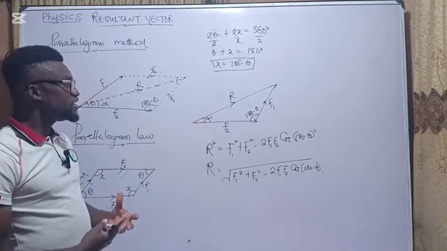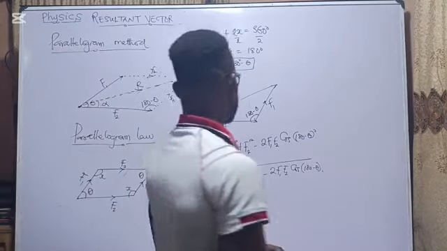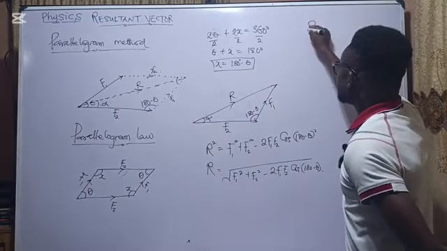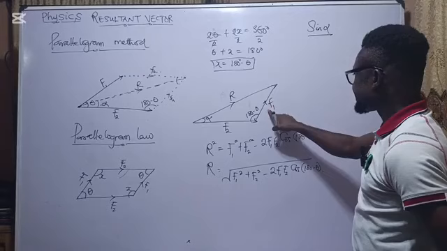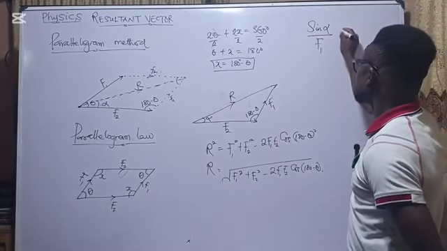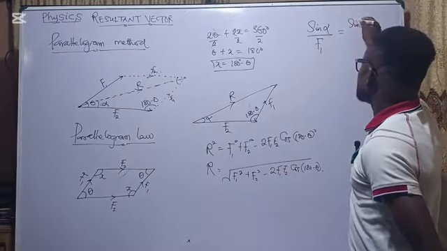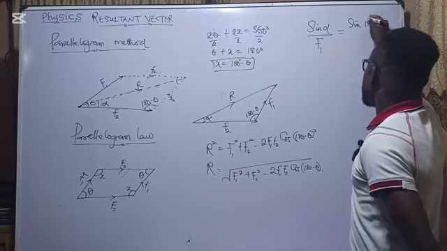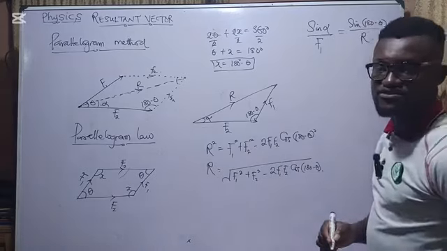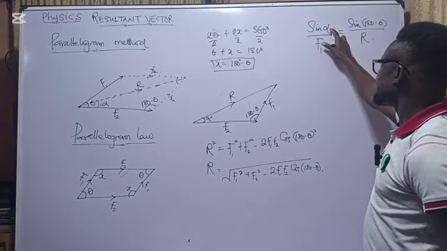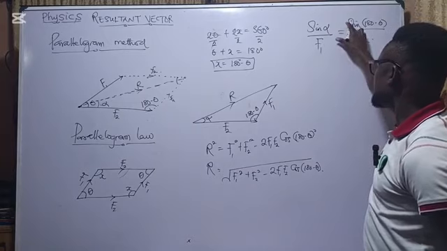Now, if we are to employ the sine rule in order to get direction, then we are going to have sine of alpha here all over the side of it, which is F1, equal to, since we've already got the angle here, sine of 180 minus theta all over the side of it, which is the resultant. To get alpha, cross multiply, F1 comes over here.